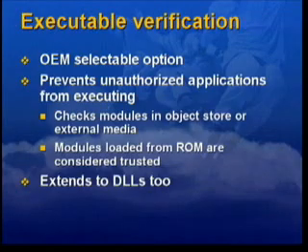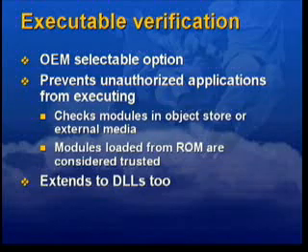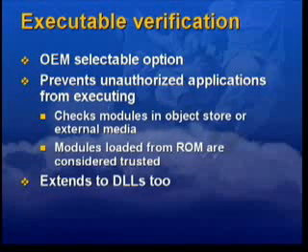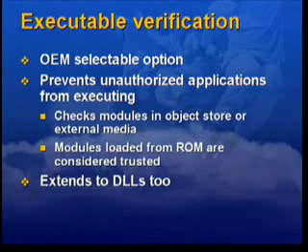So now let's talk about options that OEMs have to make their devices more secure. We have an executable verification feature that is available in Windows CE 2.11. And in Windows CE 2.0, we have sample code that makes it easier to see how things work.